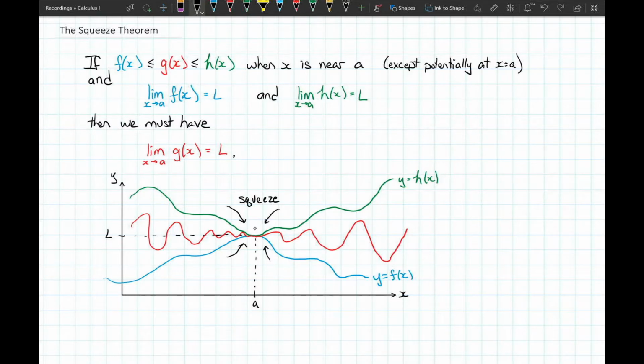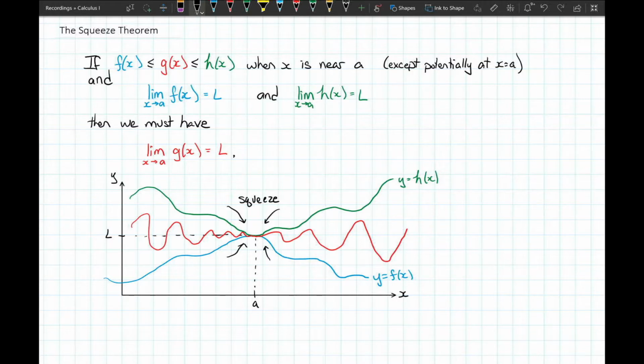And so as a result, since the green and blue functions can be made as close to L as we desire, the red function is going to also end up getting as close to L as we desire for x values near a. And that's the result. The limit of g of x as x approaches a must be equal to L if it is squeezed between f and h.